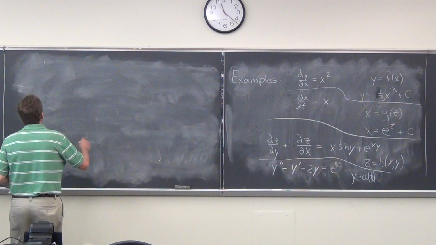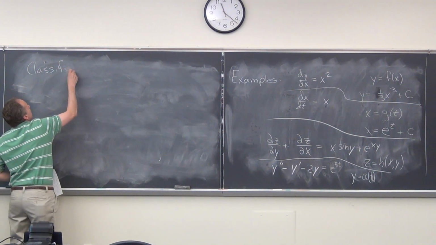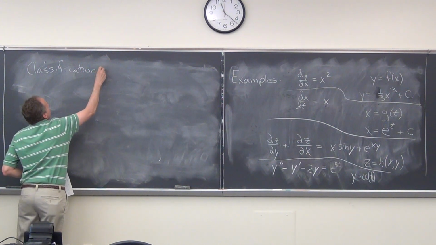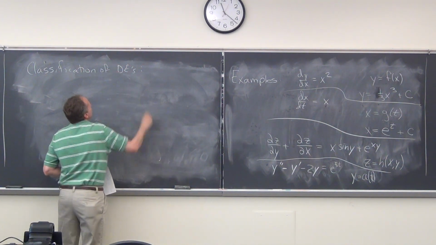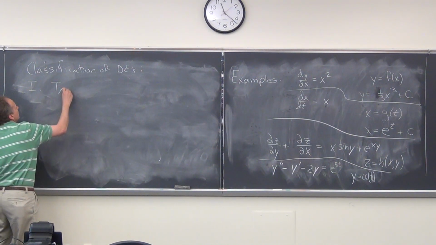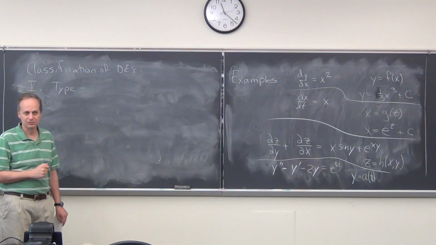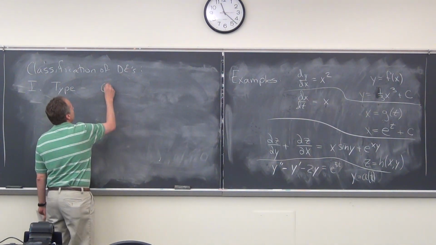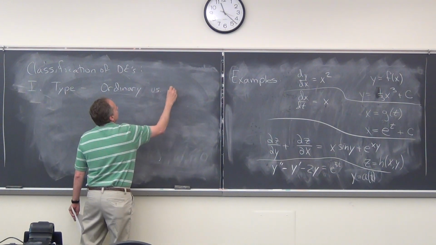And there are various ways that classification can be done. One way is by type. And there are two general types of differential equations: ordinary and partial.